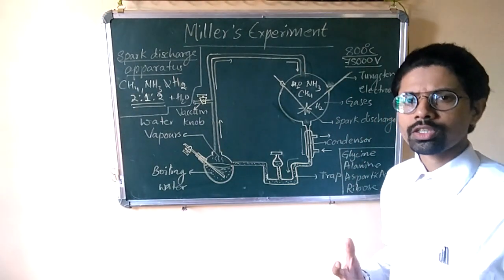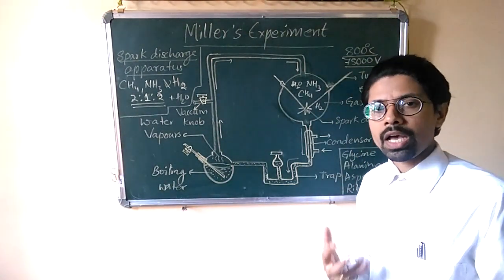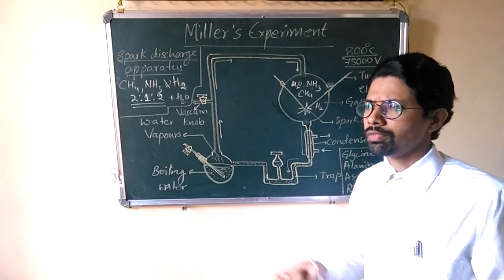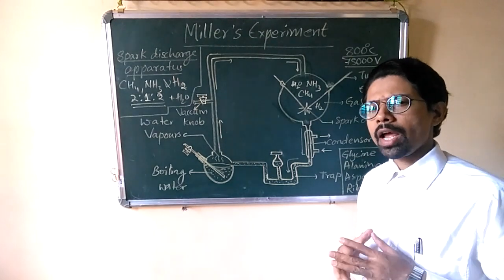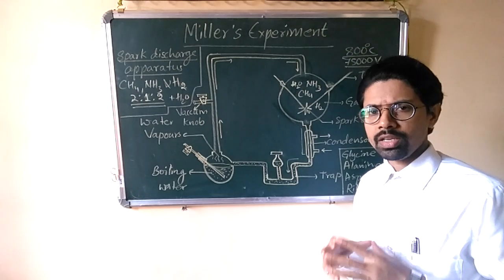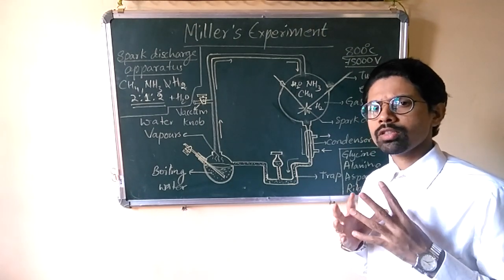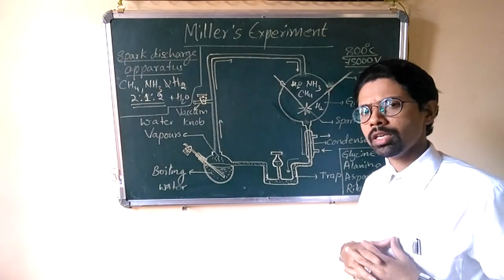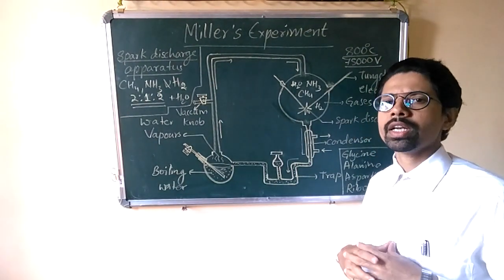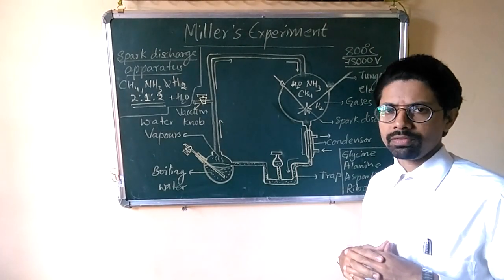He used tungsten electrodes, which can withstand higher voltage, and they produced an electric spark similar to thundering. Whatever primordial earth conditions were explained by Oparin and Haldane, all those parameters were implemented in this experiment to get certain products which might have originated in the chemical evolution of life.